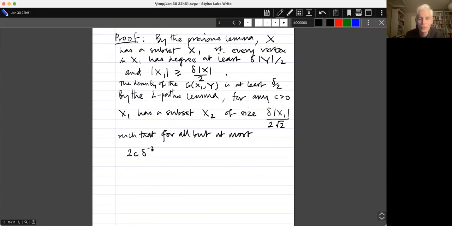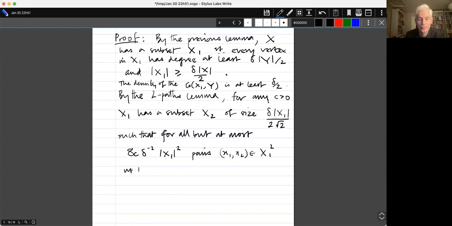The new delta is half of the old delta, so I have to multiply by a further factor 4. So 8c delta to the minus 2 x1 squared pairs x1, x2 in x1 squared.